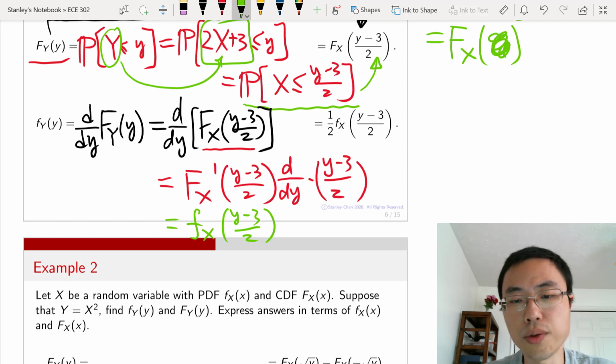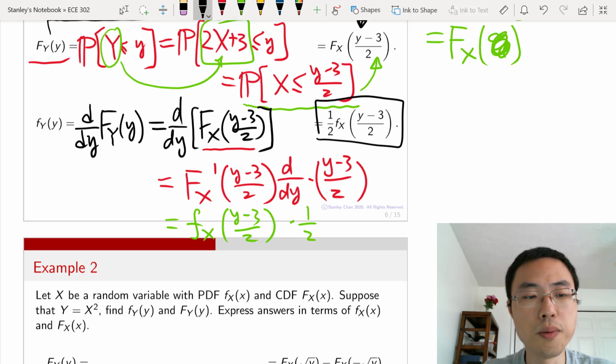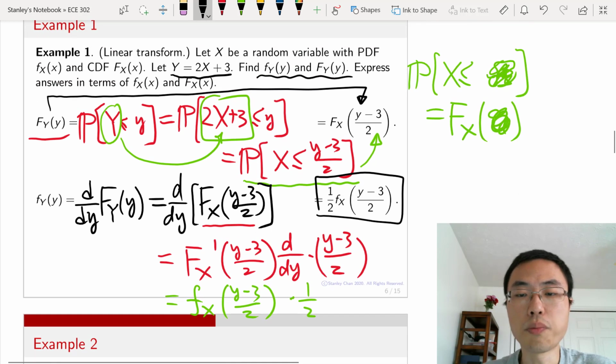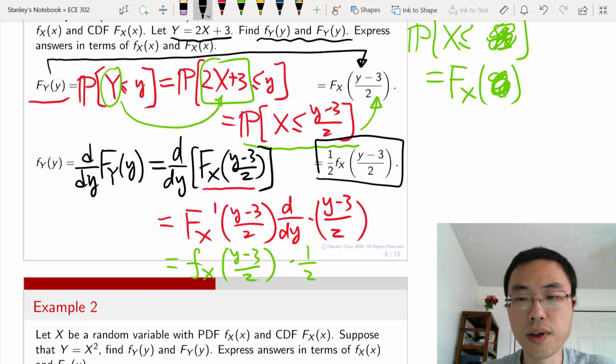This term is the derivative of y minus 3 divided by 2 with respect to y. So you have 1/2 over here. The 3 will be gone. And that's why you have this result, that the PDF of y is written in terms of the PDF of x in this form. Okay, now you can plug in your favorite distributions. For example, you may say that my x is uniform in 0 and 1.